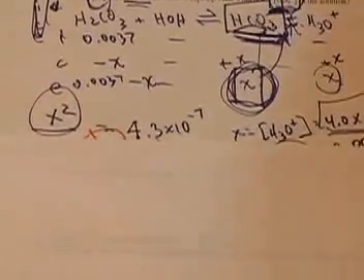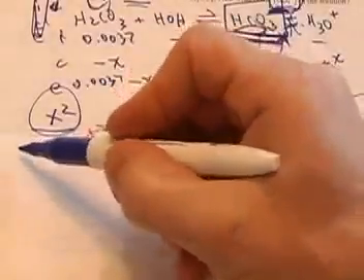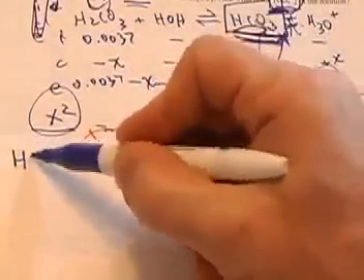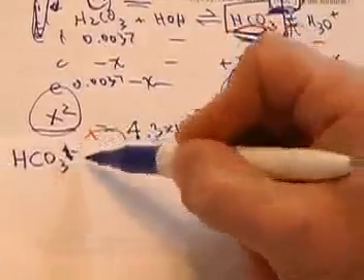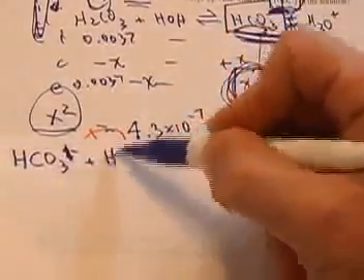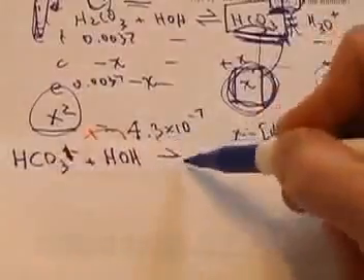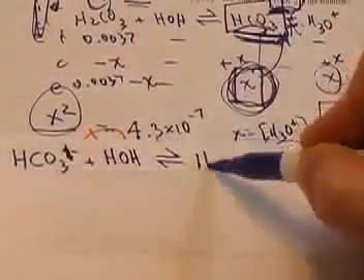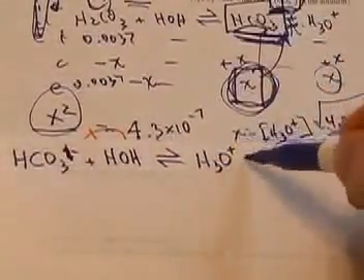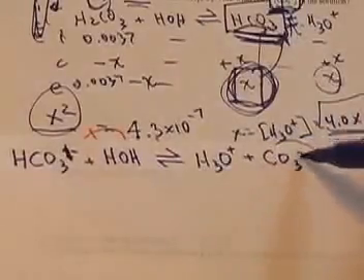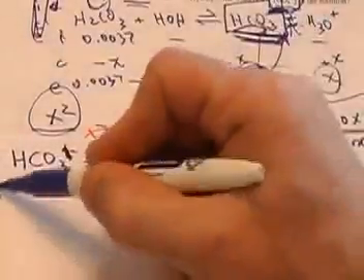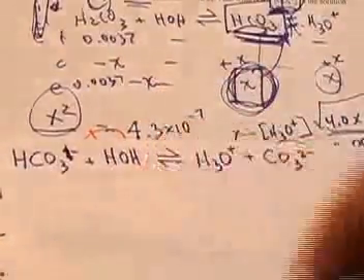as my beginning amount. But I'm going to write the equation now as HCO3 minus, getting ahead of myself there, reacting with water, and then it will have a weak dissociation, forming some H3O plus, and it will form some CO3 2 minus. And I'll have an initial amount, a change, and an ending amount.